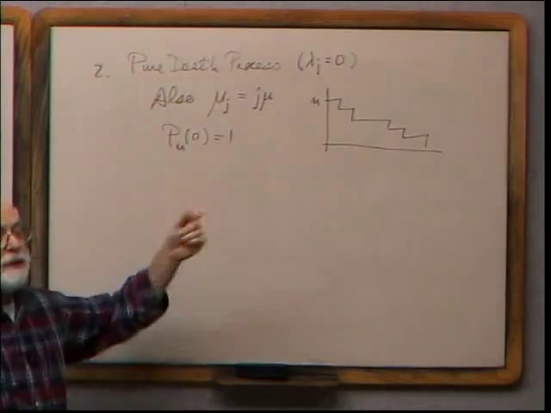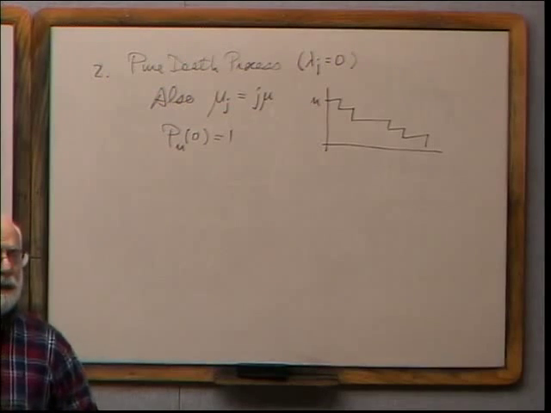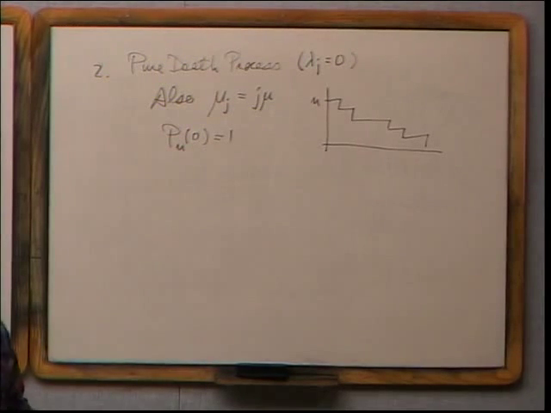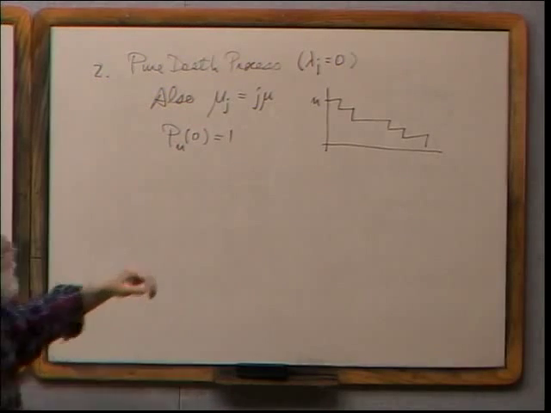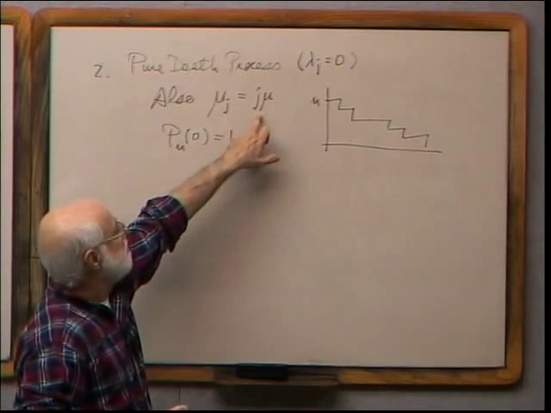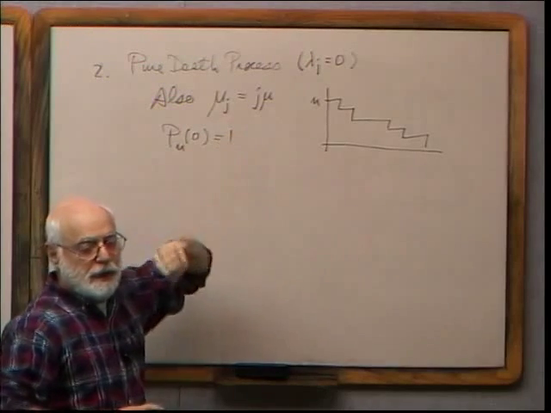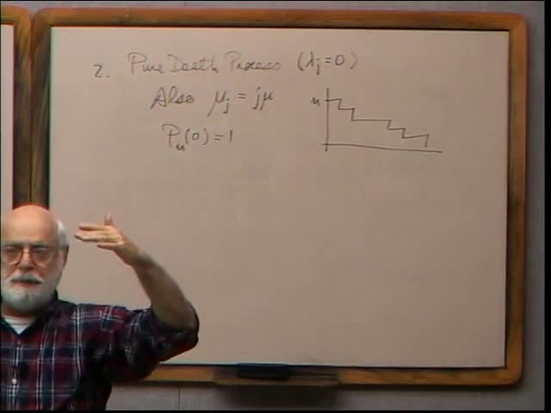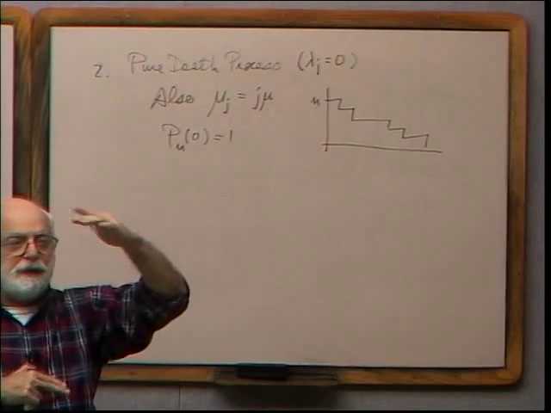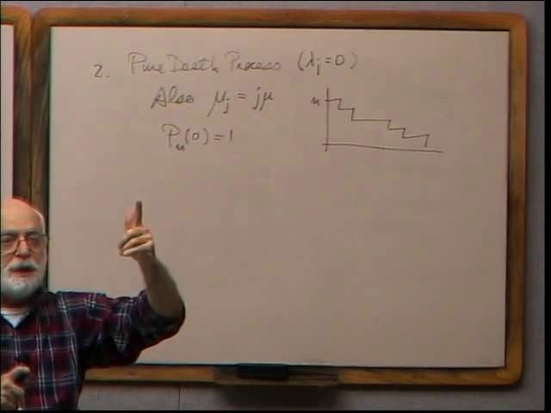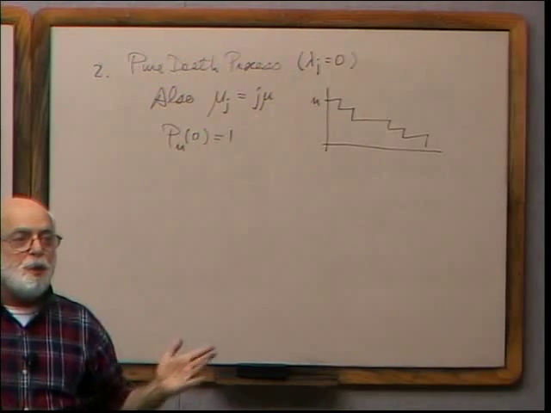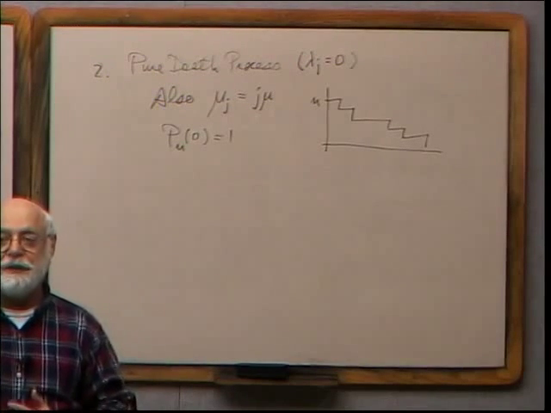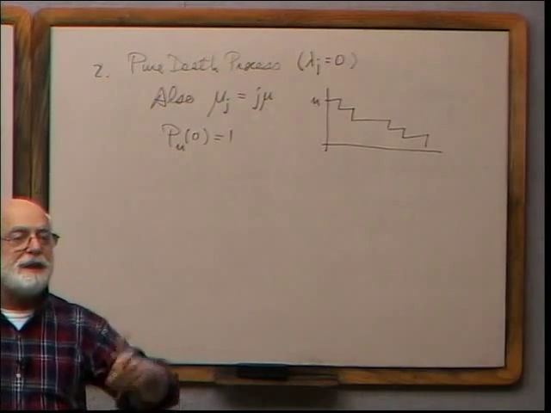Yes, a question? Yeah, the question is, explain this piece right here again. What I'm saying here is that if you're talking about a biological population, the larger the population is at the beginning of the interval, the more likely you are to have a death. The more people we had in this class, the more likely we are to have a death before the lecture ends, right?